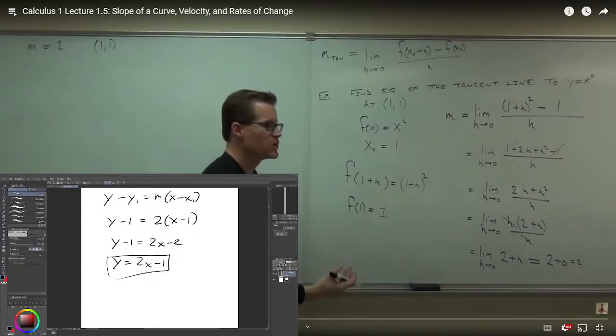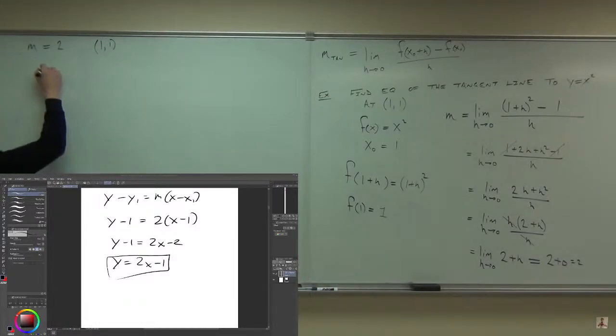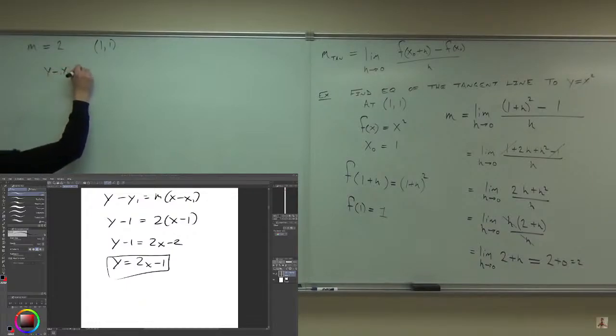That's kind of neat. And we'd use the point slope formula, y minus y1 equals m times x minus x1. Why don't you plug that in there and see what you get, okay? You can all do that.